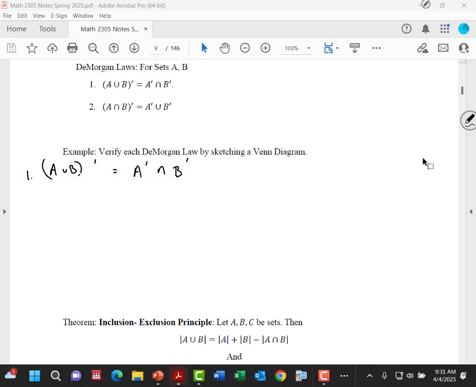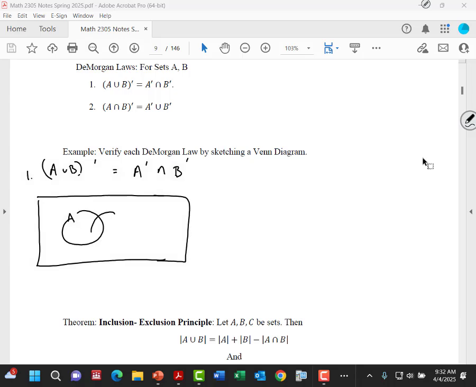Let's take a look at what this Venn diagram might look like if I were to draw a rough sketch. So here's A, here's B. And so if I wish to draw A union B, it's all the items that are in A or B, but the complement of that is everything else.